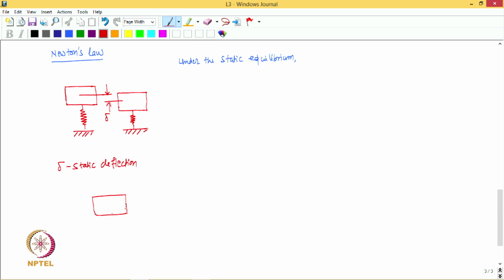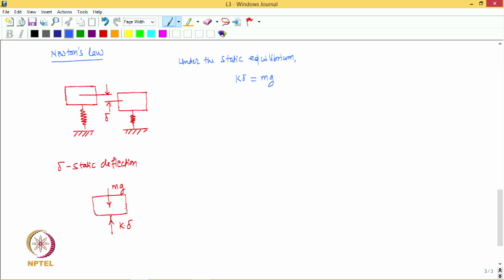So, one force is due to the spring. When the spring is compressed, the spring is going to apply a force in the upward direction, like this, which will be nothing but k into delta, and then there is the gravity force mg, right, and hence under the equilibrium we can say that k delta should be equal to mg.